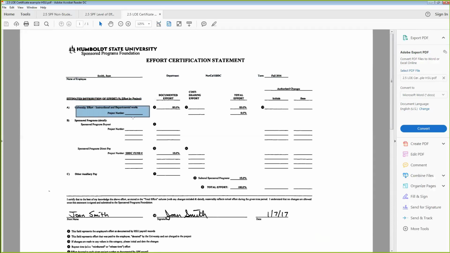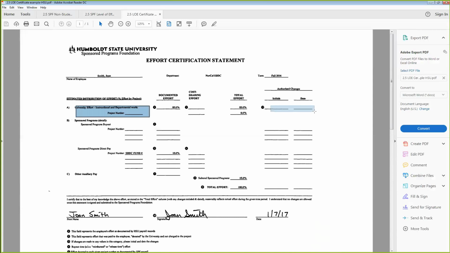A project number would go here. So if that was federal funds or state funds or local funds, we would put that project there. And then documented work, if it's 85%, and then you follow over with this 85%, and then there are initials that are supposed to happen here and the date.